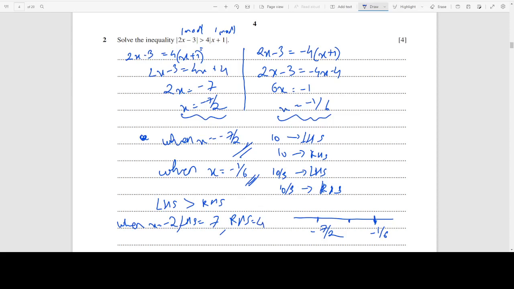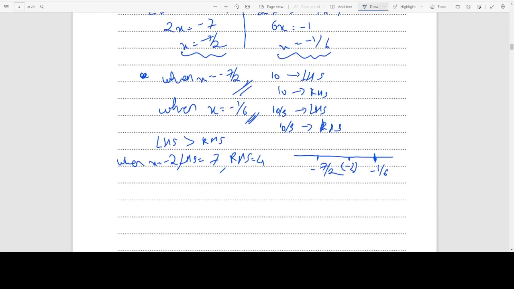So as you can see, when I take some value between −7/2 and −1/6, I just took any random number, I took −2, my LHS is actually greater than RHS. So it's pretty obvious that the range of values that will satisfy this condition would only be for values of x that are between −7/2 and −1/6. So we are just going to say that this is the range.